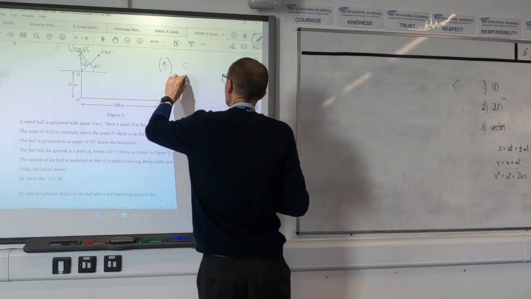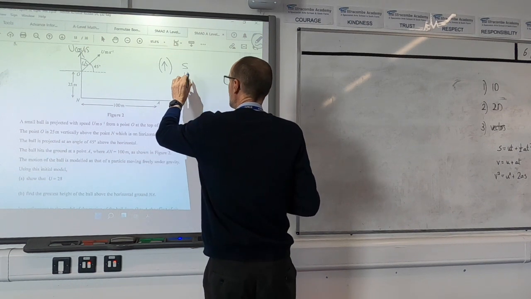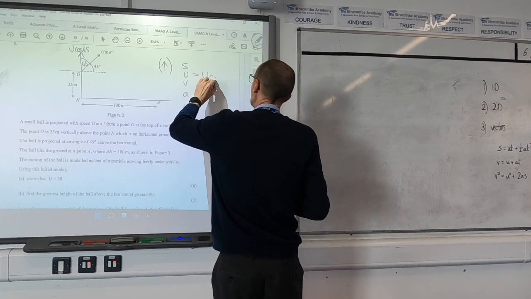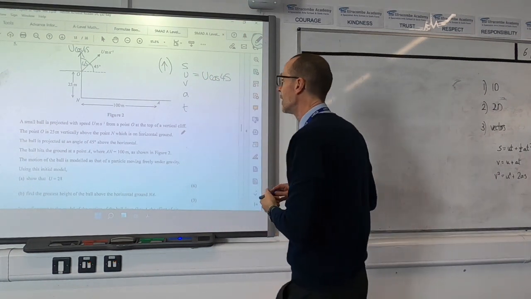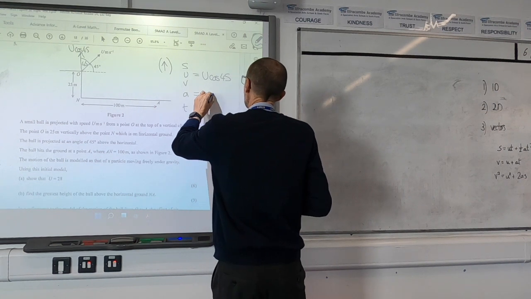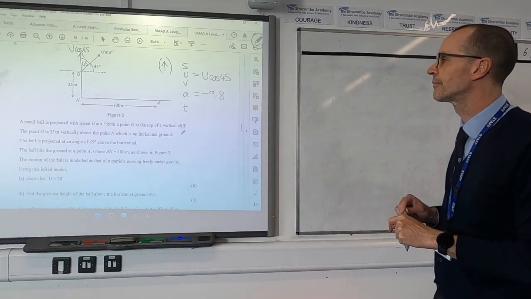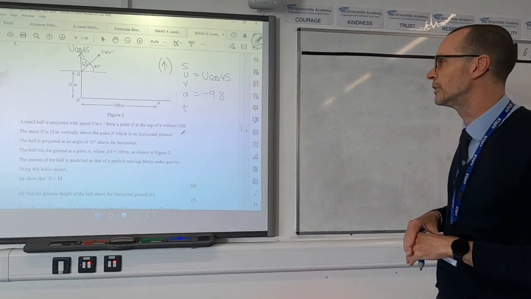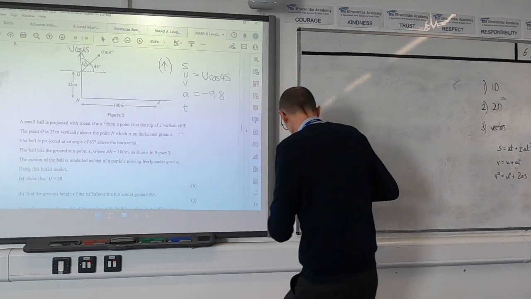So I know that vertically its initial velocity is u cos 45. The acceleration, well, if up is positive, that's just the same. I don't need to consider the horizontal movement at all. I can do the same horizontally.